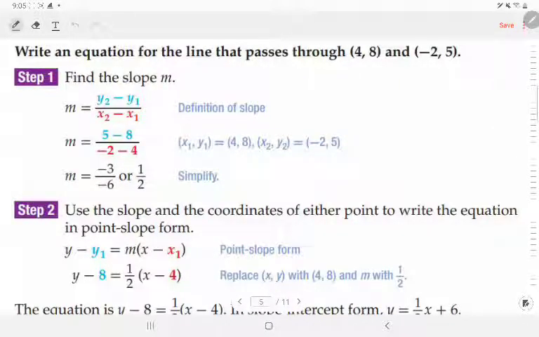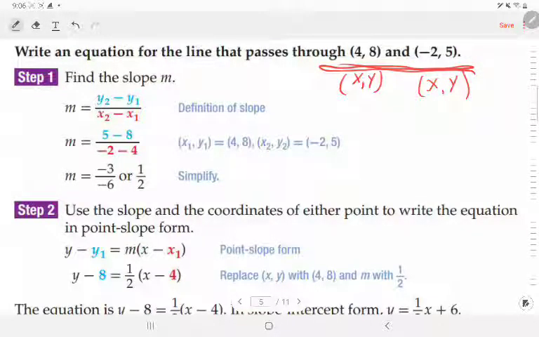So if it tells us that it passes through these 2 points, okay, (4, 8) and (-2, 5). Remember, it's x, y, x, y. And we could say that this is x1. Let's just go x1, y1, x2, y2. Okay?